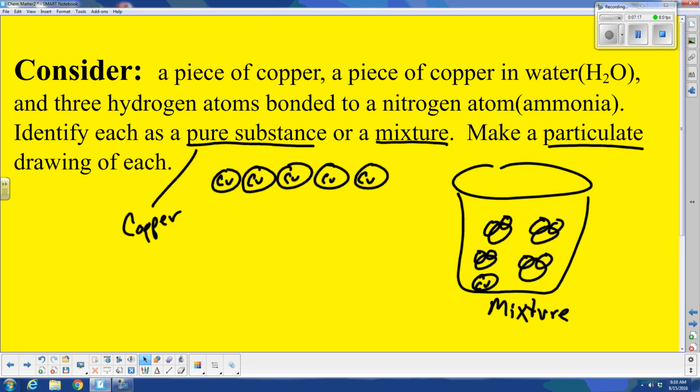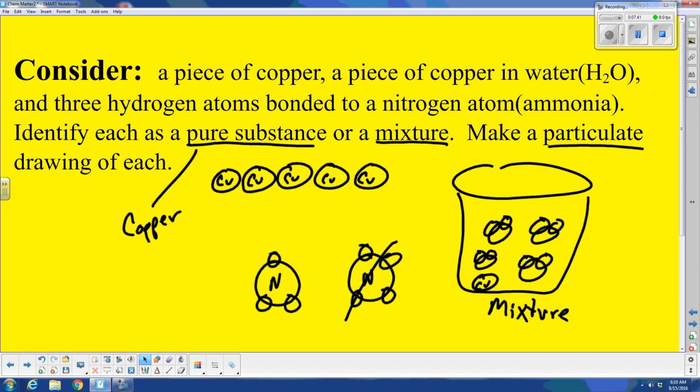Good. How about 3 atoms bonded to a nitrogen? So I have a nitrogen and 3 atoms of hydrogen bonded to that. All right, so my hydrogens are always smaller than my nitrogen. Now, can that change? Can I write this as 4 hydrogens and nitrogen? Would that still be ammonia?